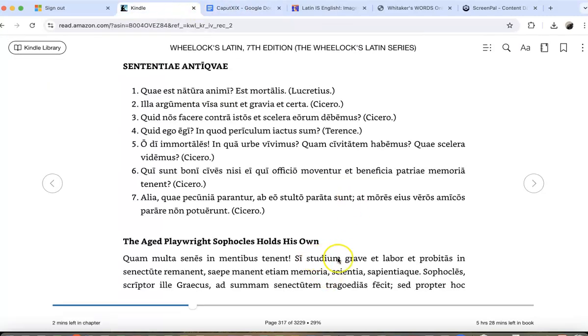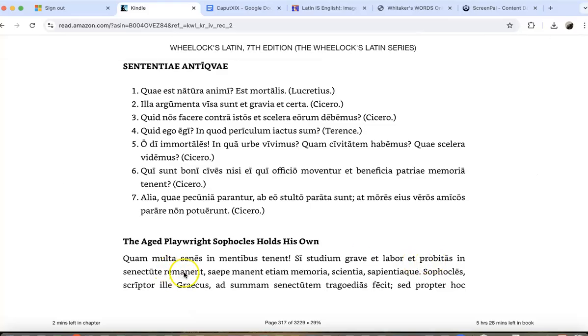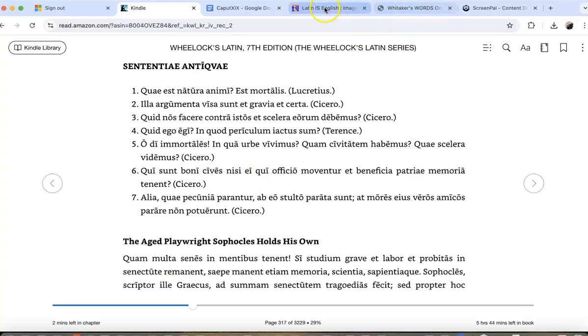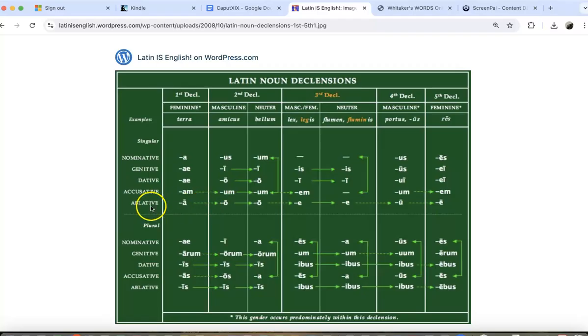All right, so if serious study and work and honesty remain, remanent, in senectute, in old age. So it's important to recognize once again, in senectute is third declension ablative singular, because senex, senis is any word that ends in x, which senex does, is third declension, like lex or rex. And then remanent, we've had before, remain in old age.